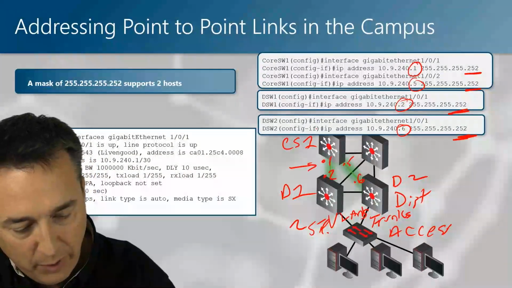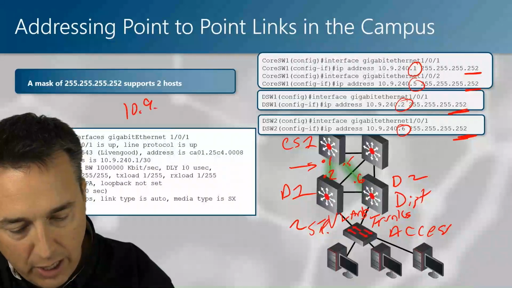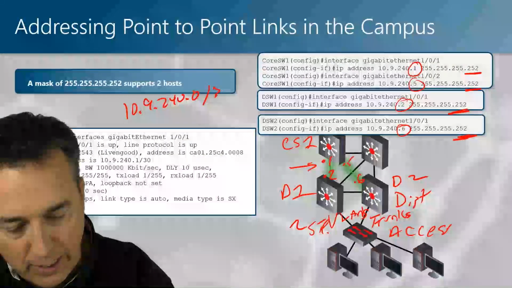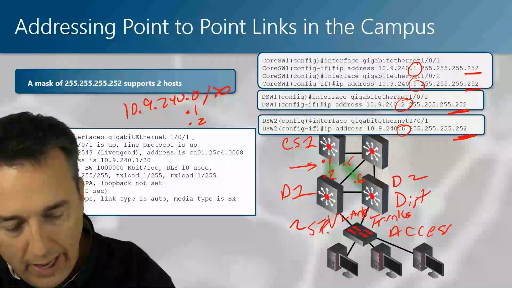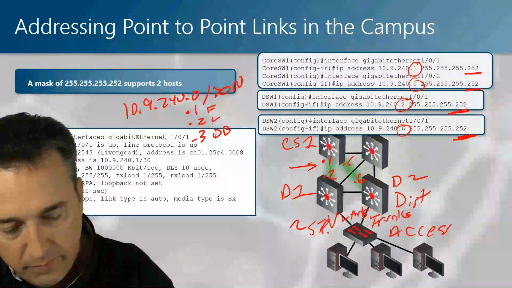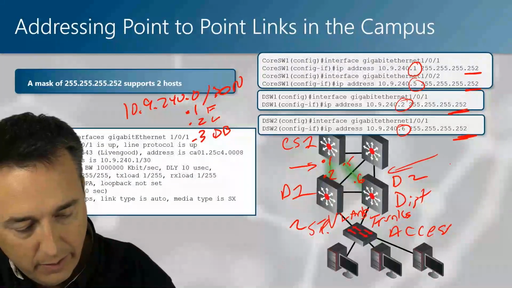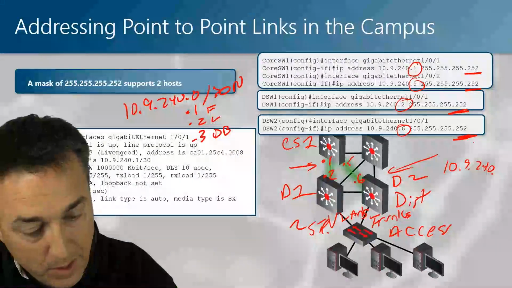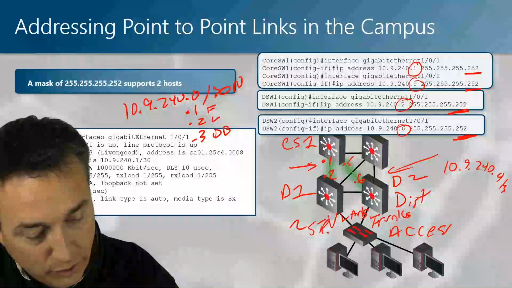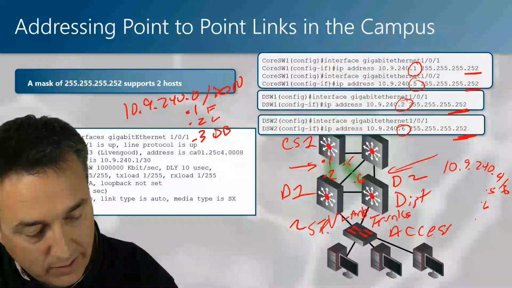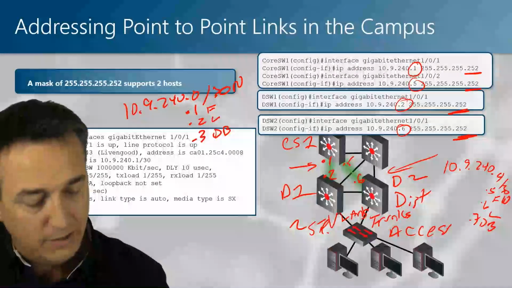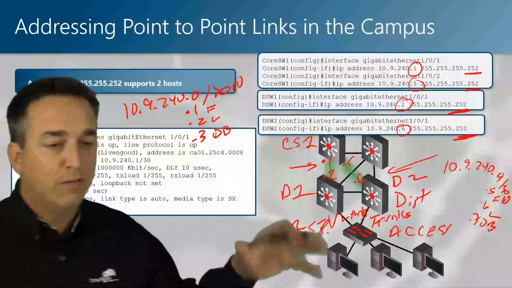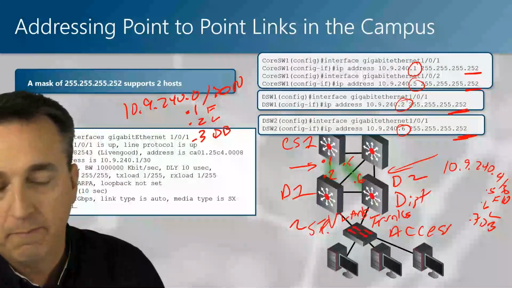So when we think about this network here, that would be 10.9.240.0/30 with addresses of 1 and 2 and a directed broadcast address. And then this network right here would be 10.9.240. It'd be 4/30 with addresses 5 and 6 and a directed broadcast address of .7. So network ID, first usable, last usable, directed broadcast address. So 4, 5, 6, 7 for that one, 0, 1, 2, 3 for that one.